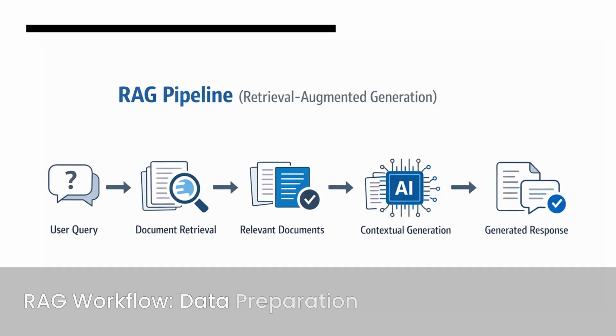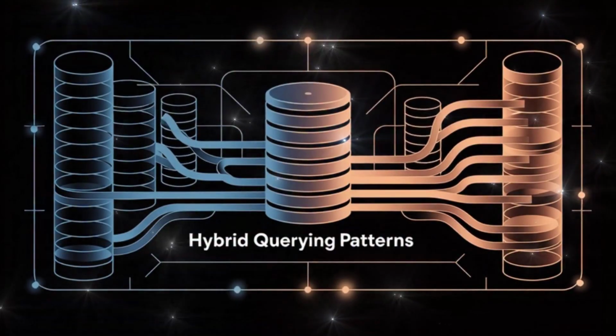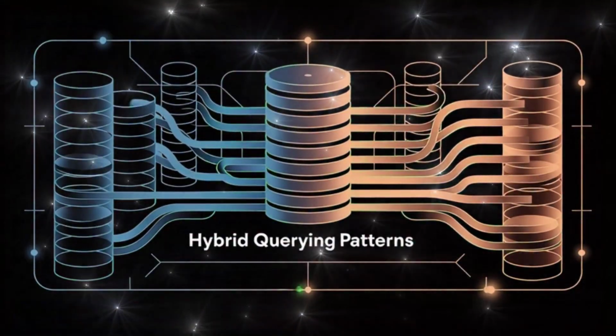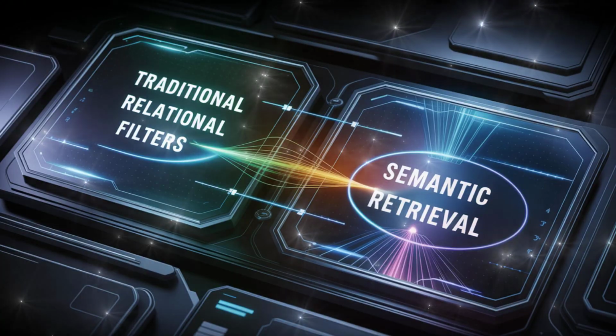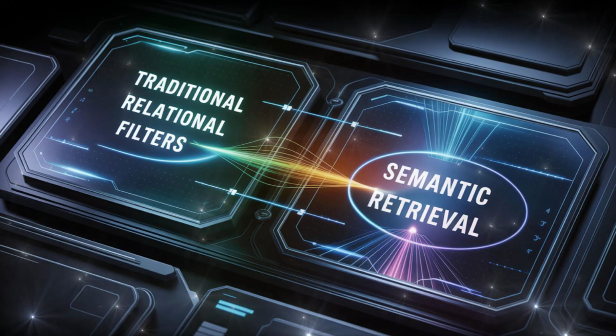In a RAG workflow, the pipeline must both prepare data, cleaning, structuring, and governing it, and retrieve data efficiently at inference time. Modern SQL platforms increasingly support this role by enabling hybrid querying patterns that combine traditional relational filters, for example, dates, identifiers, or access permissions, with semantic retrieval based on embeddings.